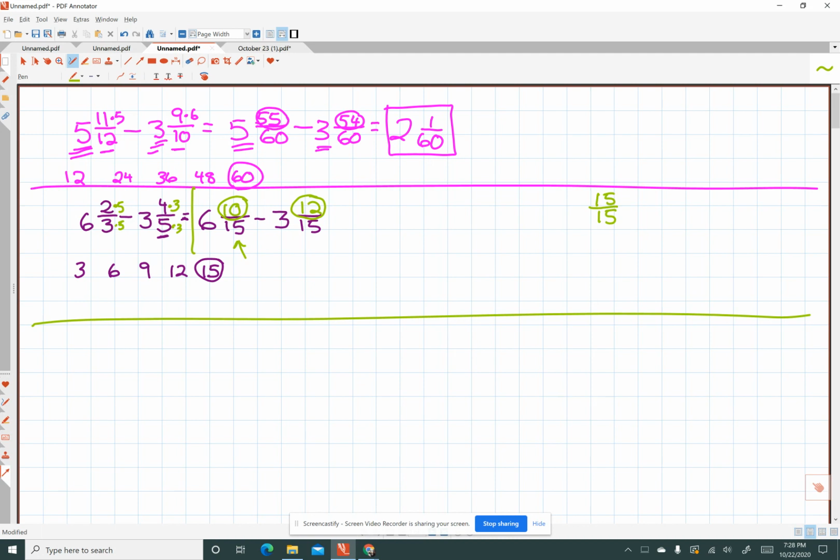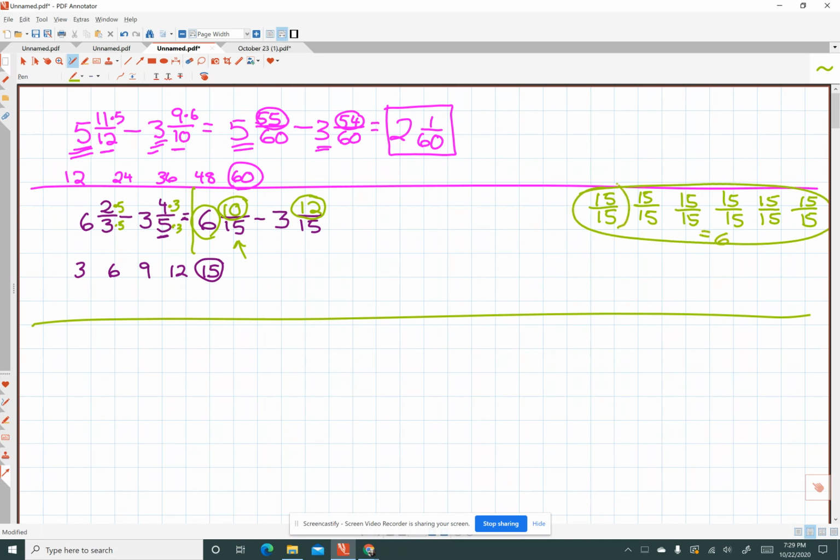That's one whole. In fact, if we have 6 wholes, that would be one group, 2 groups, 3 groups, 4 groups, 5 groups, 6 groups of 15 over 15. That's what this equals, 6.